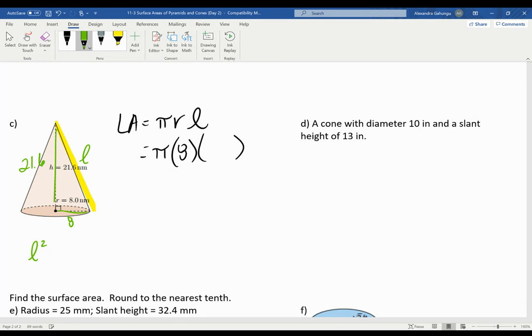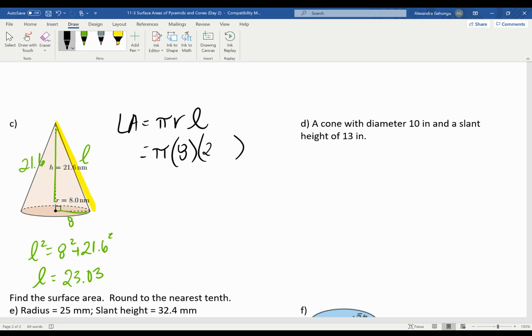So slant height is our hypotenuse, and it's 8 squared plus 21.6 squared. And if you plug that in and then take the square root, you'll get around 23.03. I kept it in my calculator, and that might affect the rounding just a little bit.